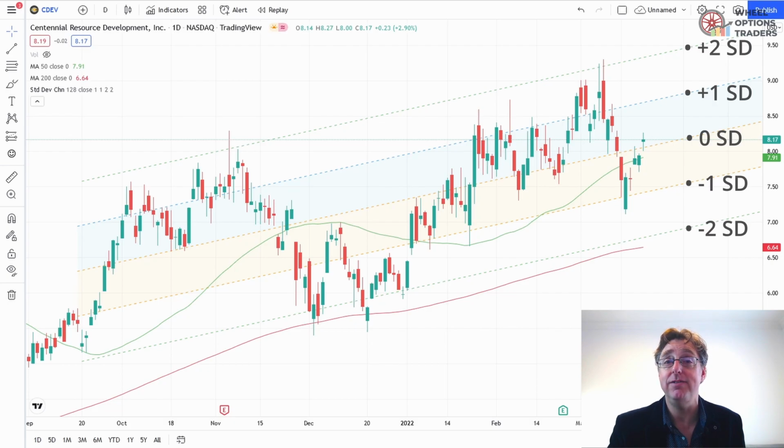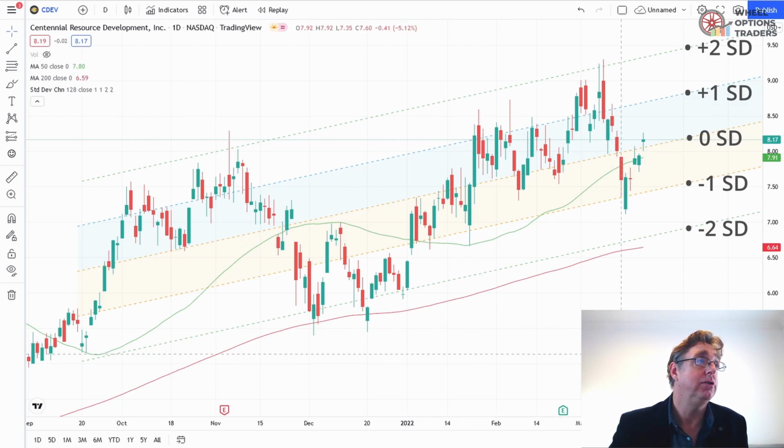Having the standard deviation indicator on the chart allows us to gauge how the stock is performing relative to its recent price action. Seeing that an underlying stock price is falling into a lower standard deviation area may mean we'll decide to close the trade early to avoid any loss or any further loss.